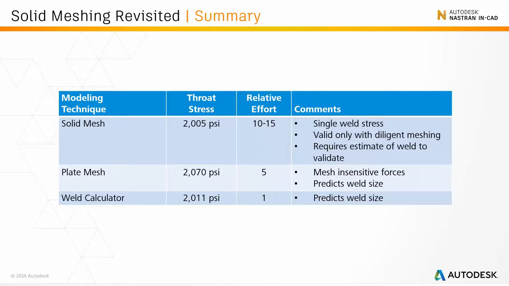In this case, it gives us a similar result, but it has taken much more time and complexity to obtain that result. And as we've tried to highlight, using the plate mesh is a great compromise for instances where the geometry or loading is too complicated for the weld calculator, and gives comparable results but with much less effort and assumptions than using the solid mesh.